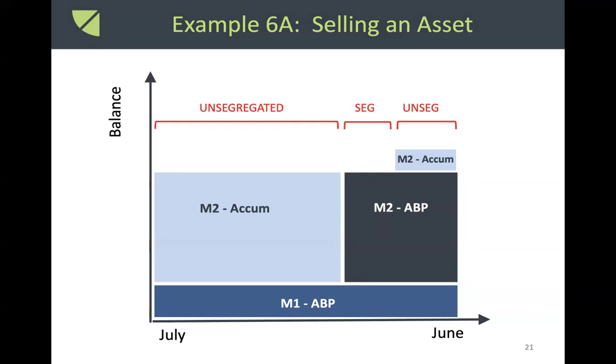Let's look at the segregation here. We start off for the first, looks like about 7 or 8 months, with the assets unsegregated. And then we have a period where the assets are segregated. And then we have another period where the assets are unsegregated.